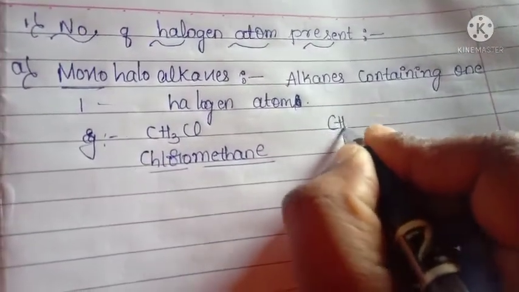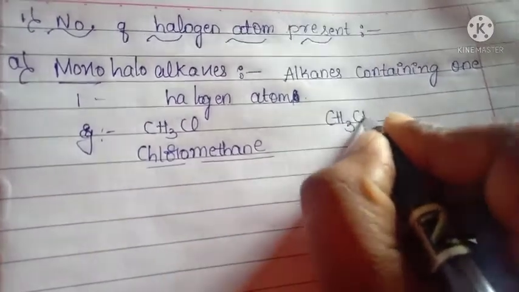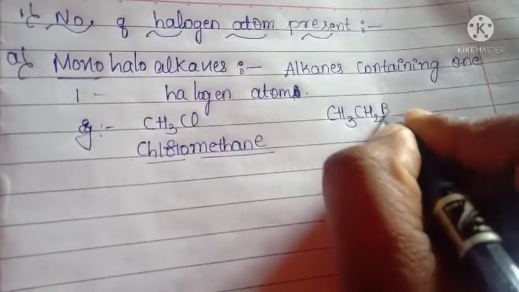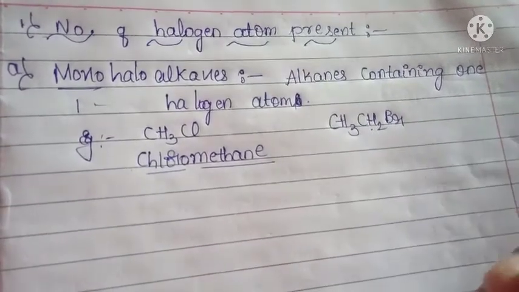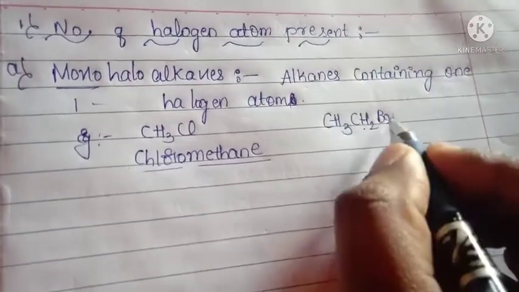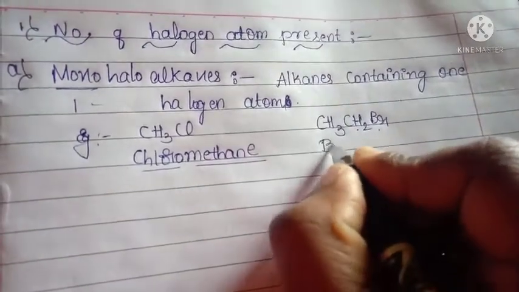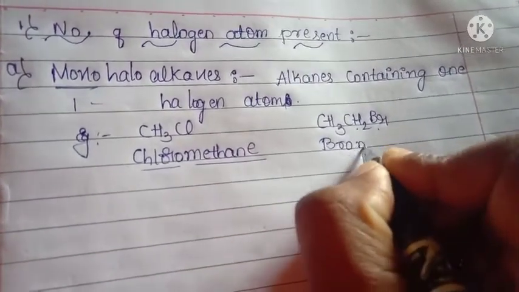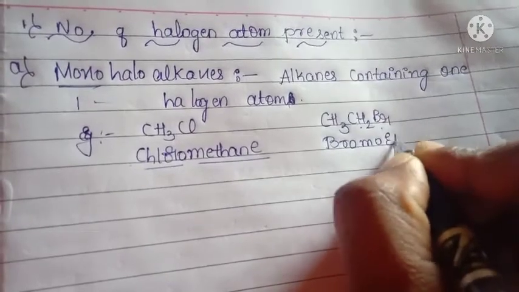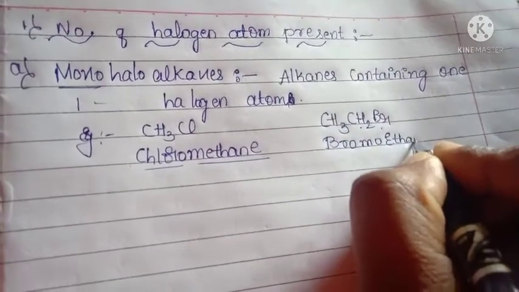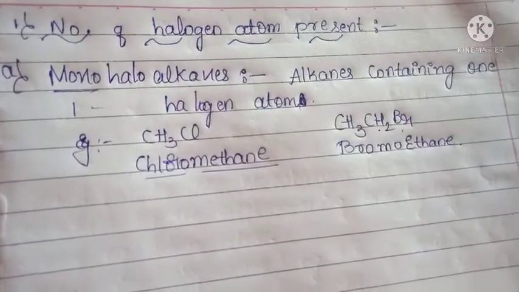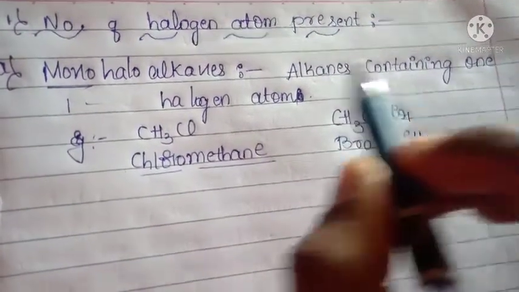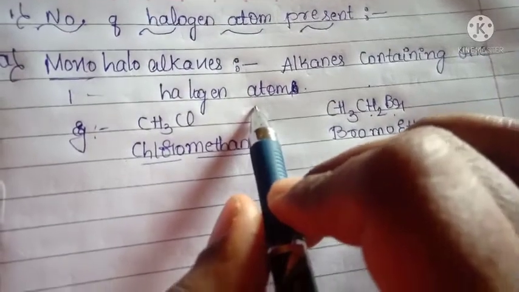Again, for example, CH3CH2Br. How many carbon atoms are there? 2 carbon atoms, so it is ethane. First you have to write bromo, ethane. Okay, this is all about the monohaloalkanes, the alkanes containing only one halogen atom.